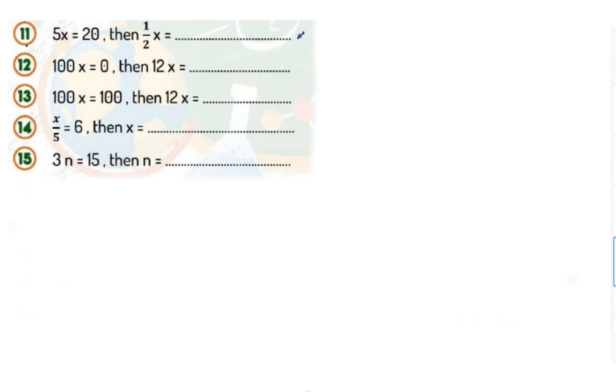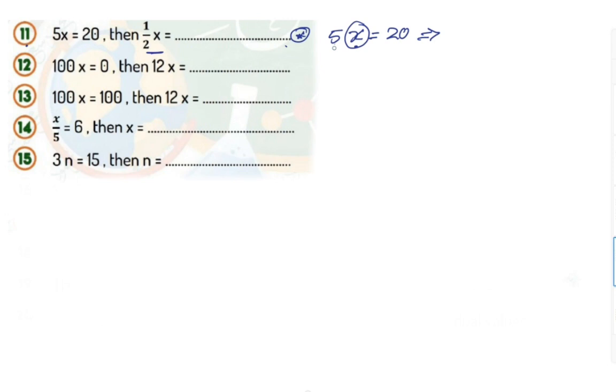Okay, think with me. You have 5x equals 20. But I don't need the value of 5x. I need the value of half x. So first I need to find the value of 1x. After you find the value of 1x, I will divide it by 2 to find half x. So what can you do to find the value of x?